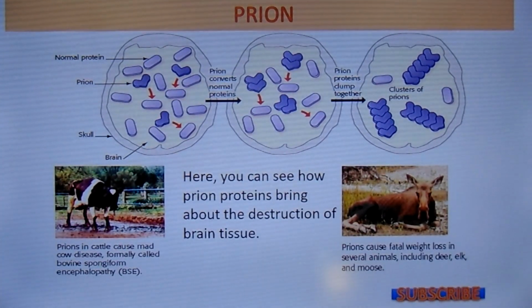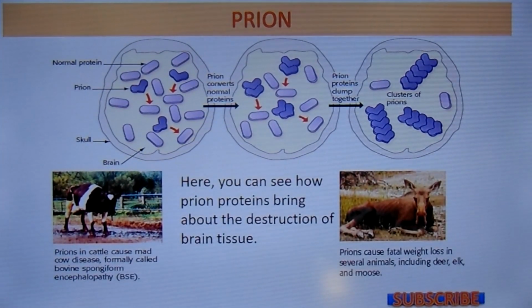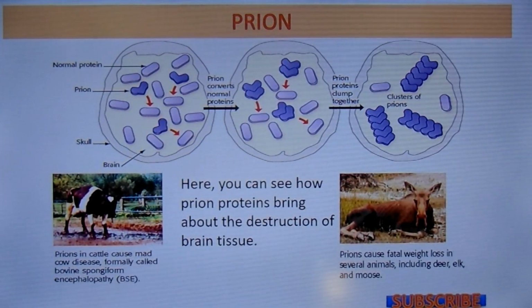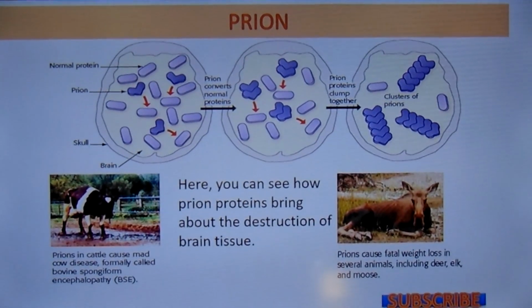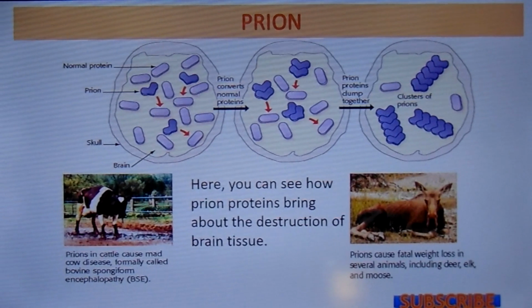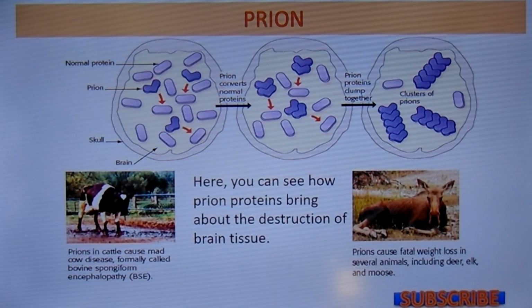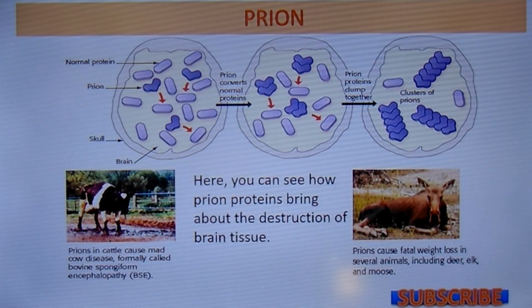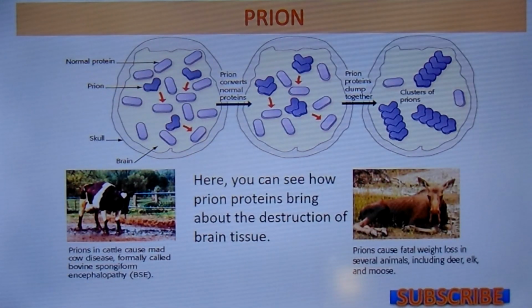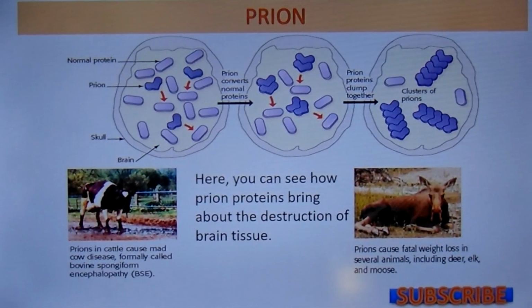Now we come to prions. Prions are misfolded proteins associated with severe brain disorders. Kuru is one such disorder, first described among a tribe in Papua New Guinea in the 1950s. This human brain disease was transmitted by cannibalistic ingestion of an infected person's brain, which transfers the prions to a new host.